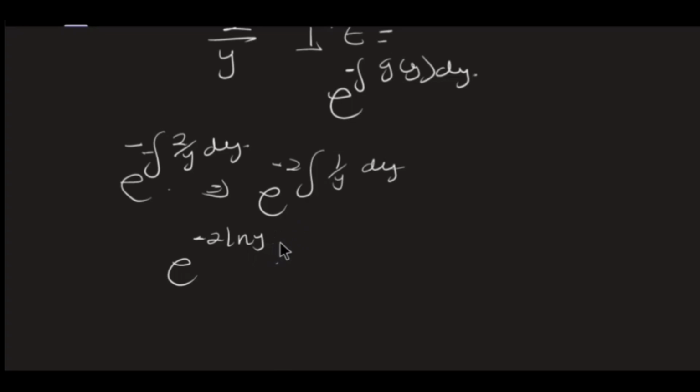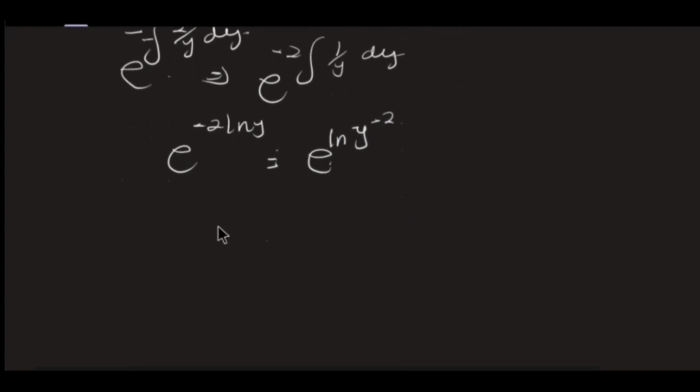There is no need to add the constant, so we have e to the power ln y to the power negative 2, and you know e to the power ln just gives you this. So our answer is y to the power negative 2, which is equal to 1 over y squared. So now our integrating factor I is simply equal to 1 over y squared.